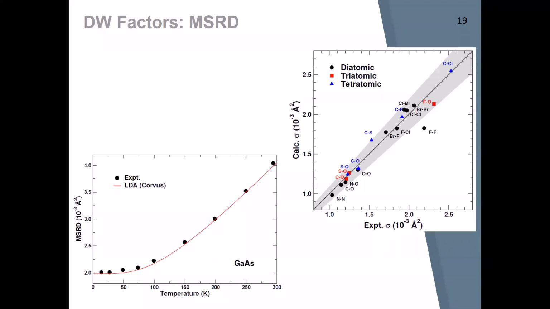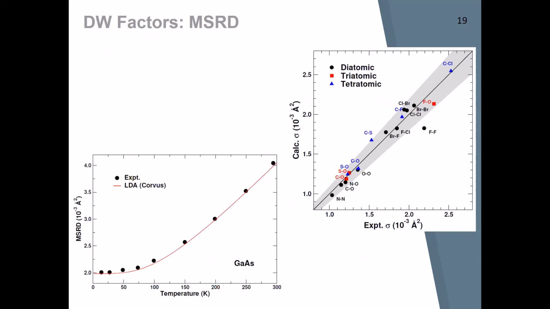In this case, there was some simpler case, for example, GaAs, gallium arsenide, and then also we did this with a bunch of diatomic and triatomic or small molecules, and just showed that the error compared to experimental data was quite reasonable for almost everything here. So this is a really nice calculation to be able to do, and we hope that this will facilitate that.